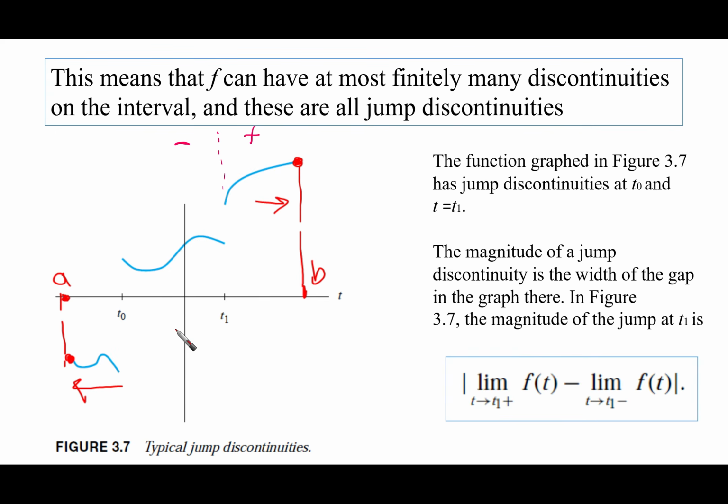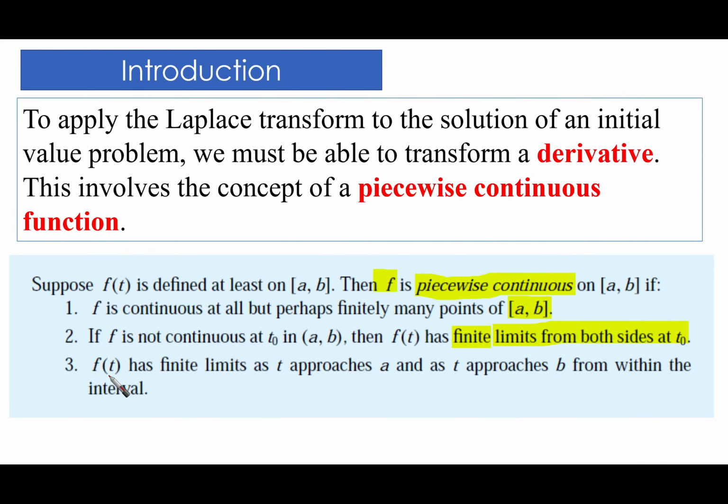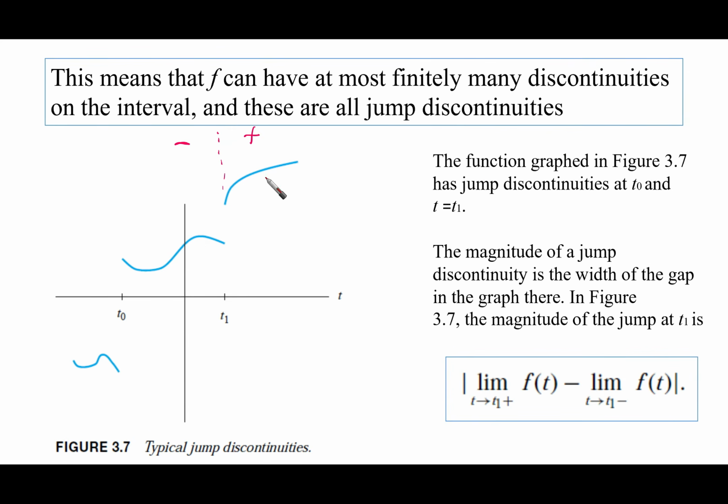So let's go back. f of t has finite limits as t approaches a, which is the first limit of the interval, and as t approaches b, which is the second limit of the interval, from within. This is the key phrase here: from within the interval. So based on this, this function is a piecewise continuous function.